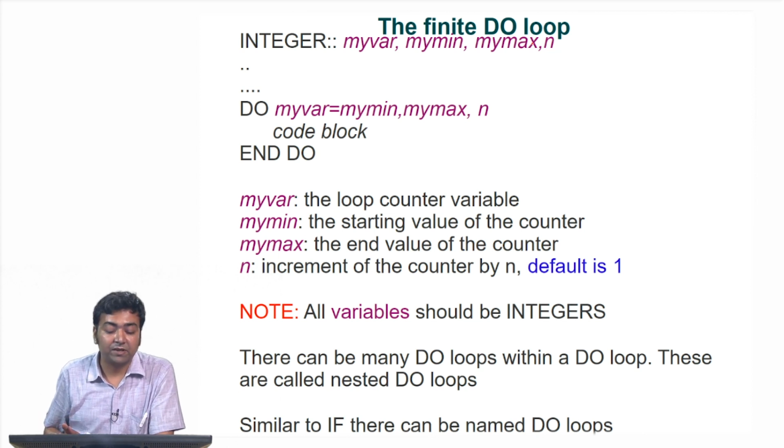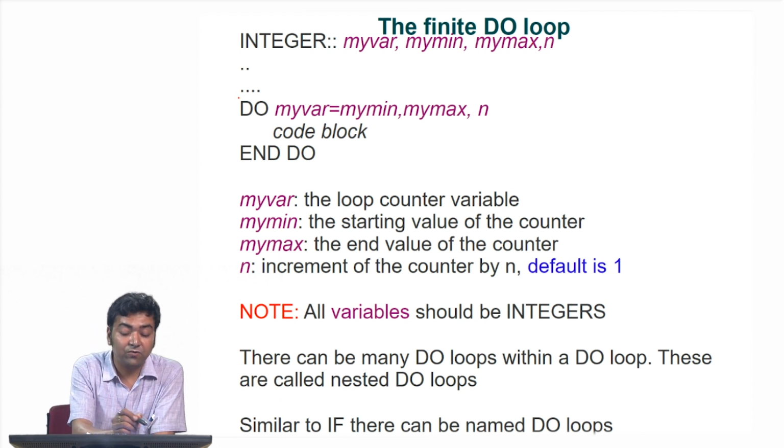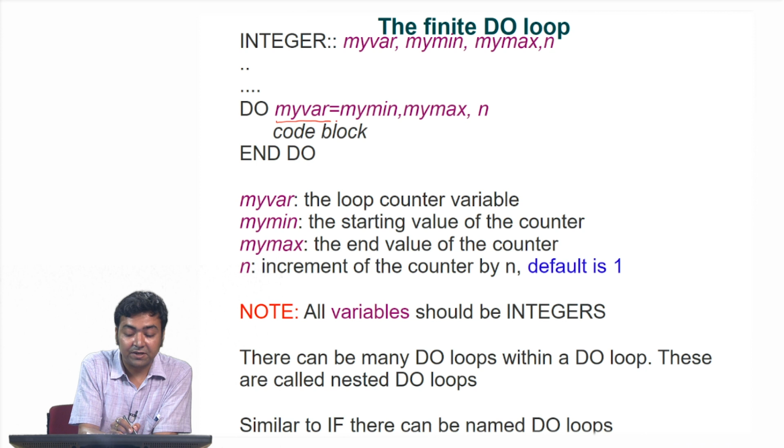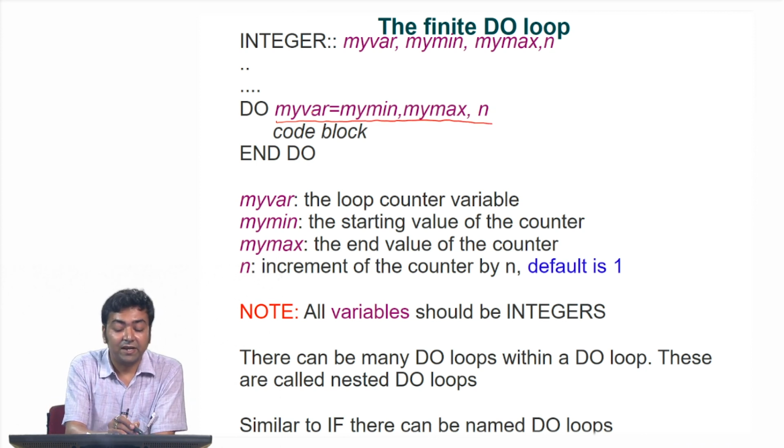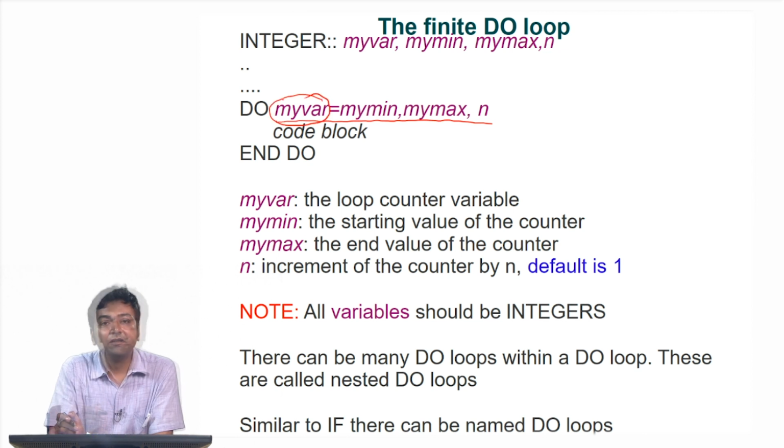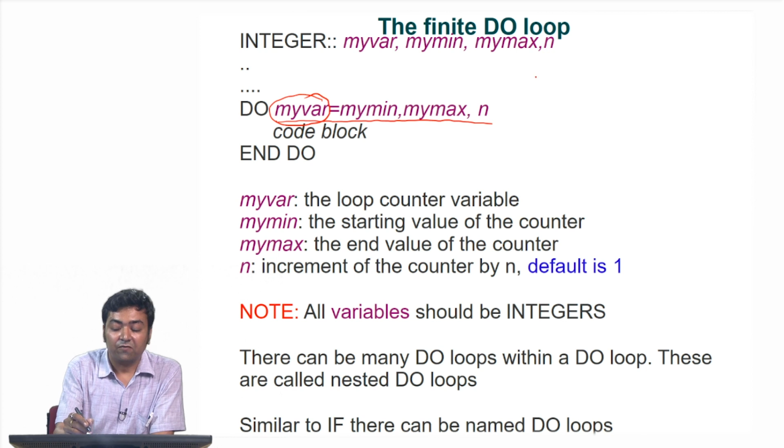You can also have a finite do loop, that is, you can restrict the number of times you want to execute a set of statements, and the syntax for this is very similar to the infinite do loop, only the new part present here is this set of integers. The first one, my var here, acts as a counter. For example, I can write, say, I as my counter.